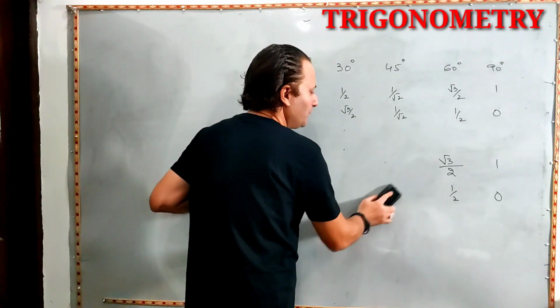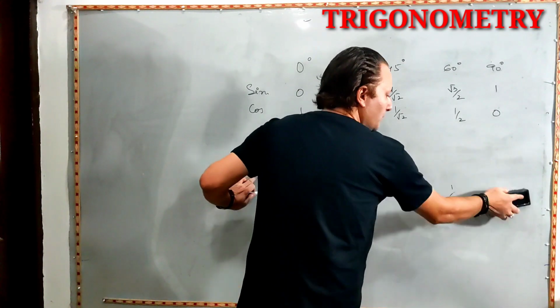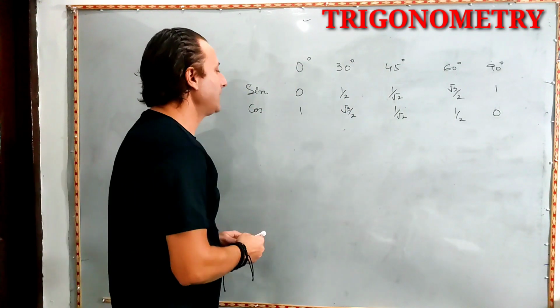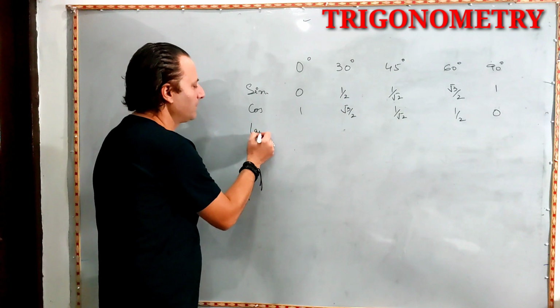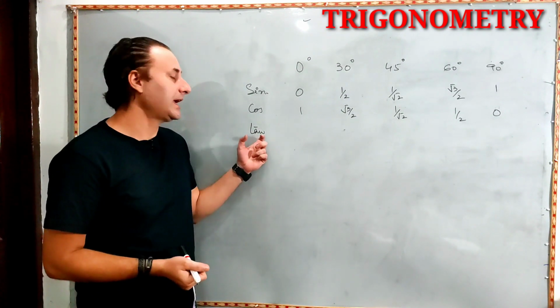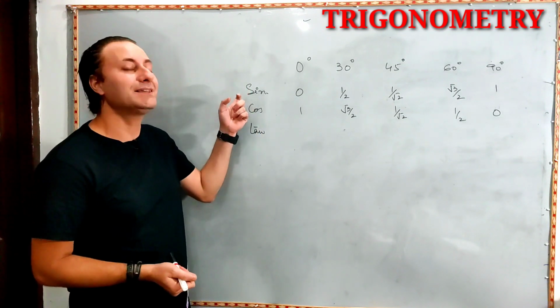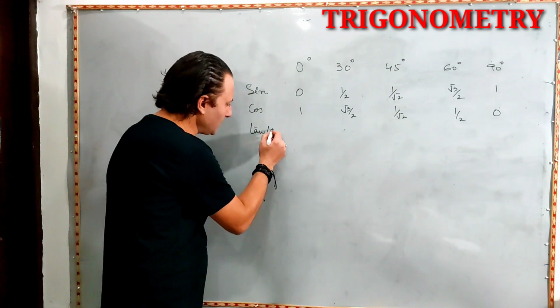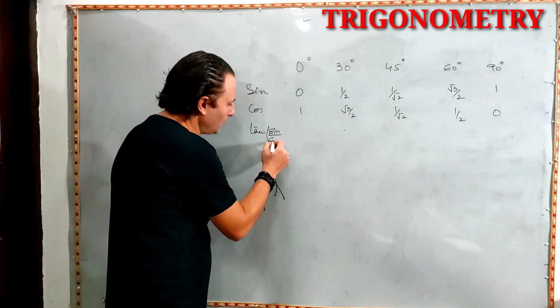So now what do we have to find? We are done with sine, we are done with cos. So there are a few more in the family left. Then we have tan. You remember in the beginning, as I said, tan theta is equal to sine theta upon cos theta. That's what I'm going to use here. So tan theta will be sine upon cos.